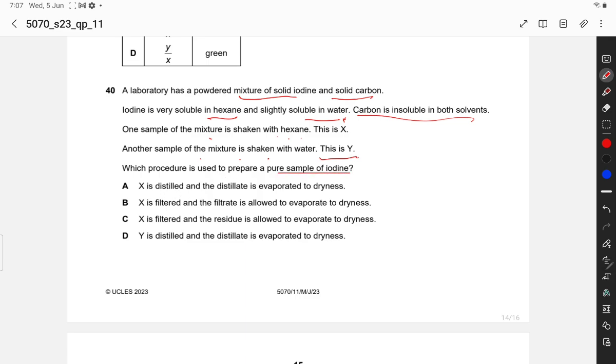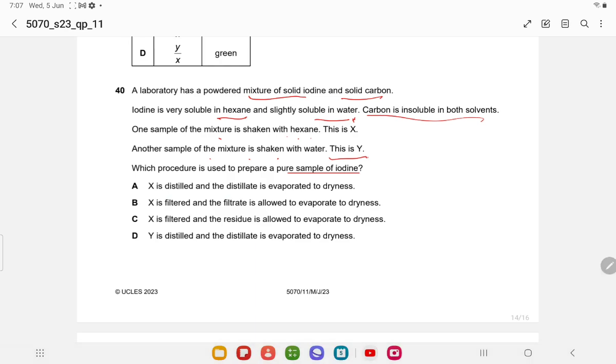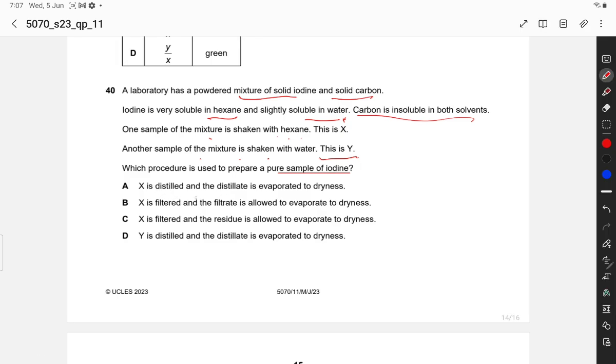X is distilled and the distillate is evaporated to dryness. No, this is not correct. Iodine has a higher boiling point than hexane. So X is filtered, not distilled.